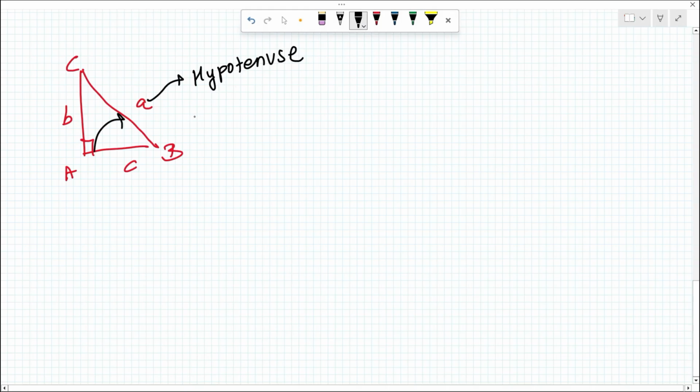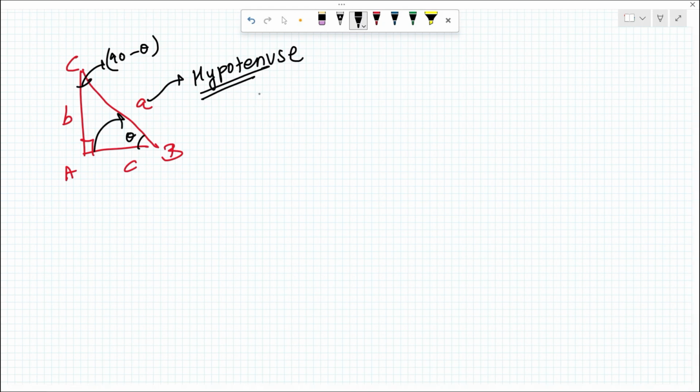You must have learned this in high school as well. Now note that this angle is theta. If this angle is theta, this angle is 90 minus theta. I have discussed this at the beginning of this lecture.